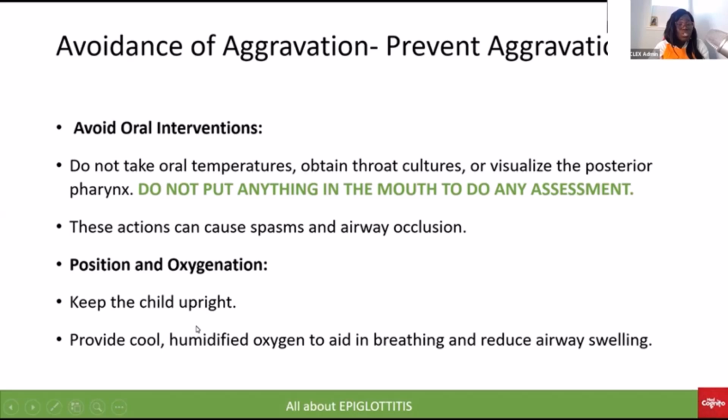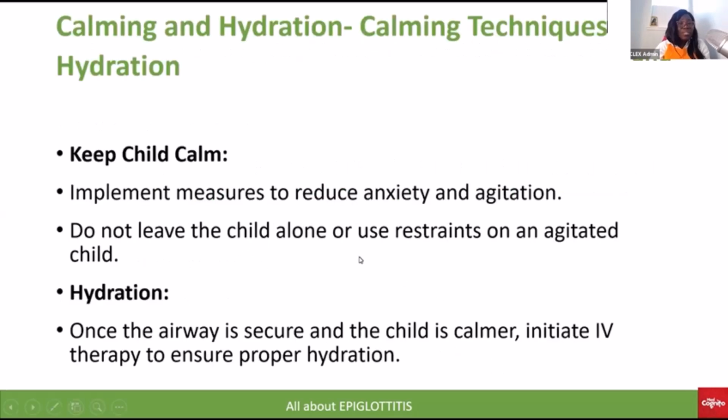And with positioning, keep the child upright, can provide cool, humidified air to aid in the breathing and reduce the swelling, the airway swelling. And calming the child is also very important. Calming techniques and hydration.